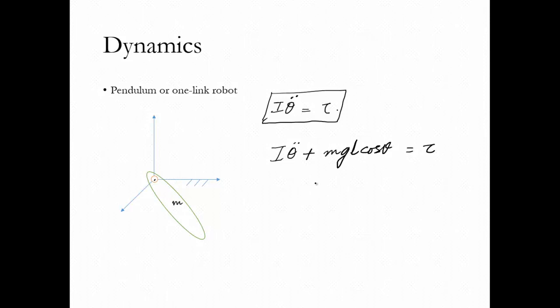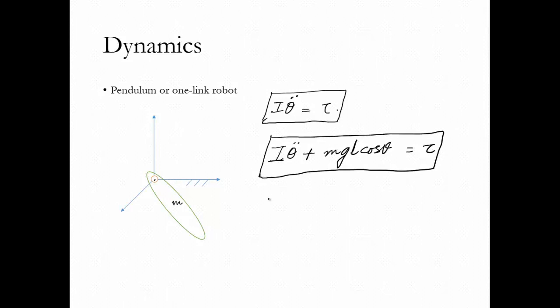So the gravity component has been taken into the equation. There could be other effects like friction at the joint, so we may add c theta dot also. But in general, this is the dynamic equation of the single link robot.